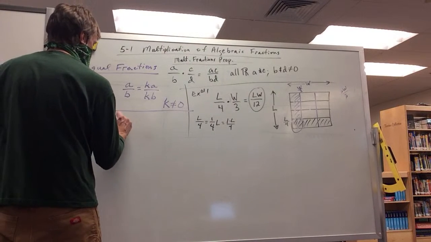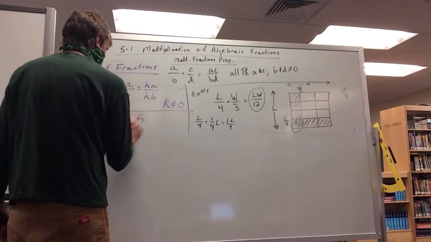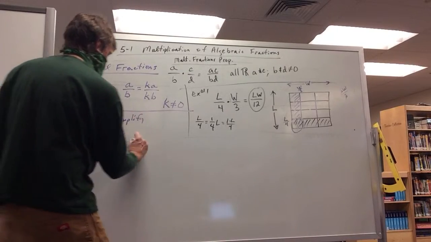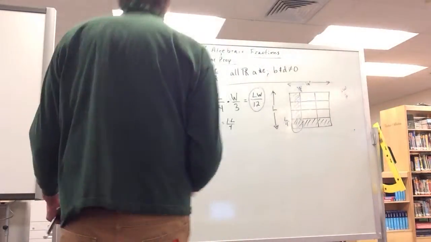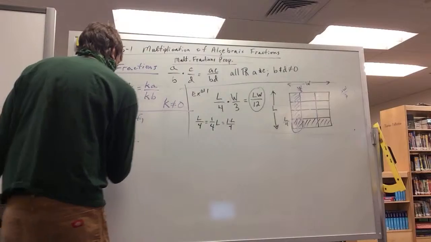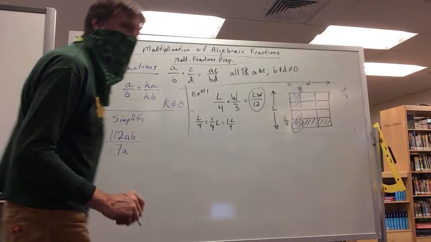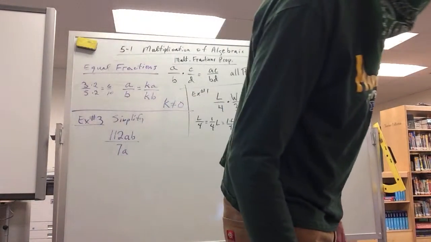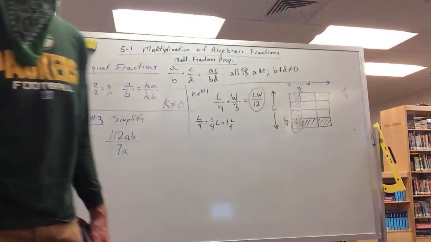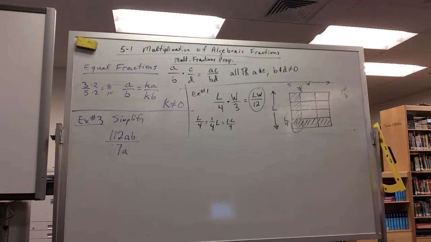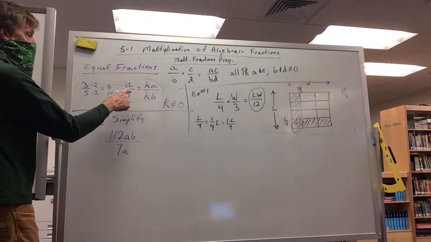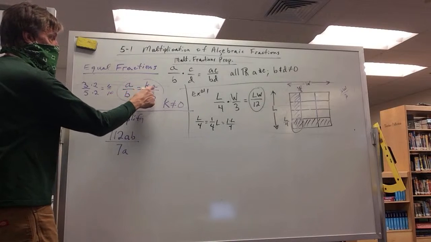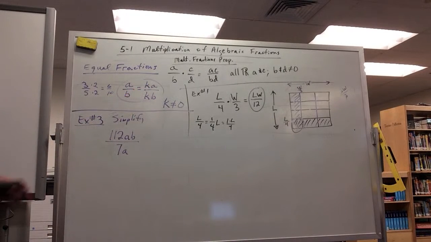And they want us to simplify 112 times A times B over 7A. So they want us to be able to simplify this thing. And if we keep in mind that fractions can be written with factors, numbers that multiply together to make things, then we can simplify.